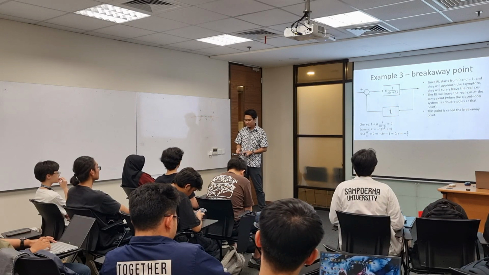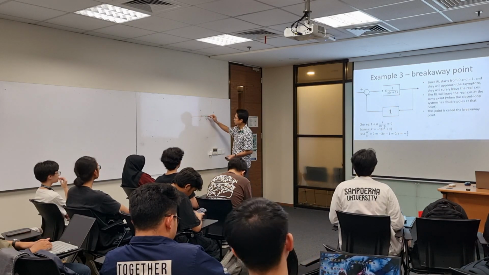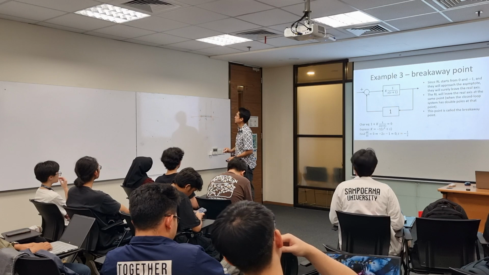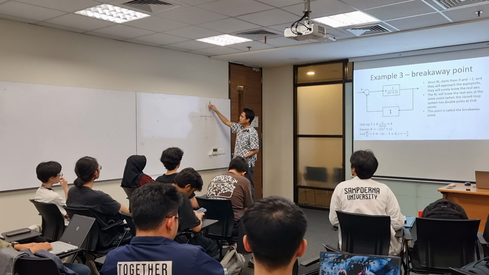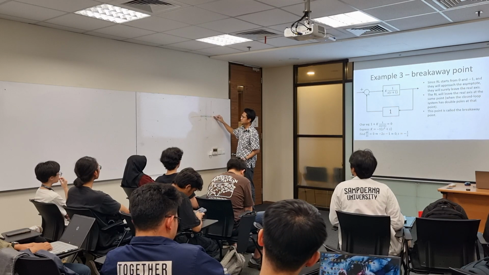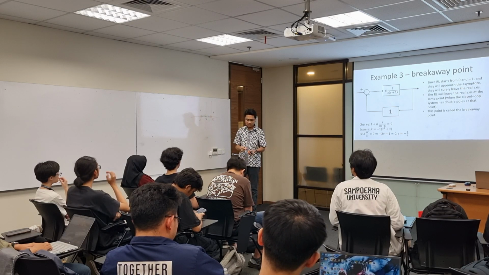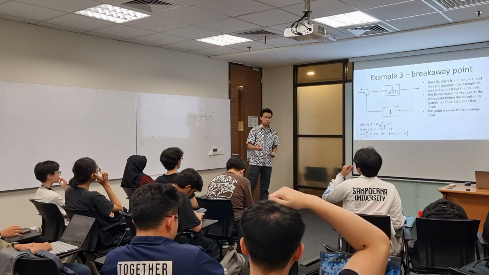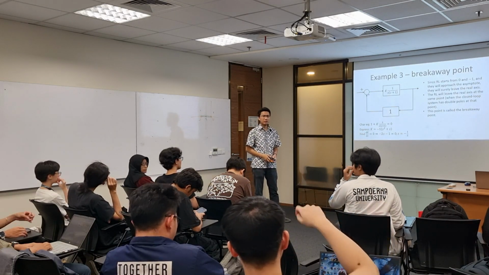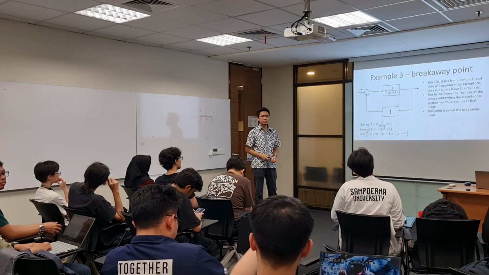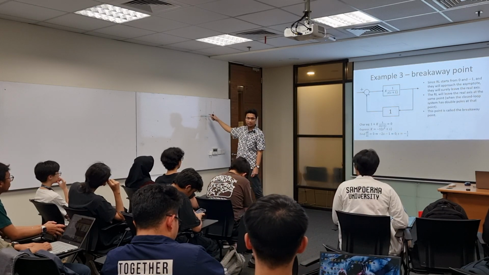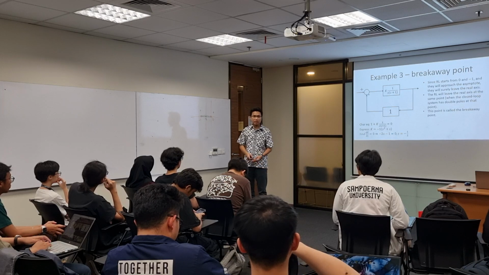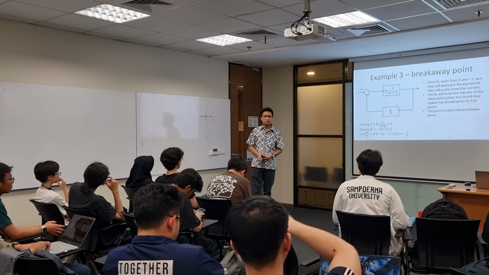Then that means the root locus will be just like this. So it will go here and then going up or going down, doesn't matter. That will be the root locus. How do we draw it?